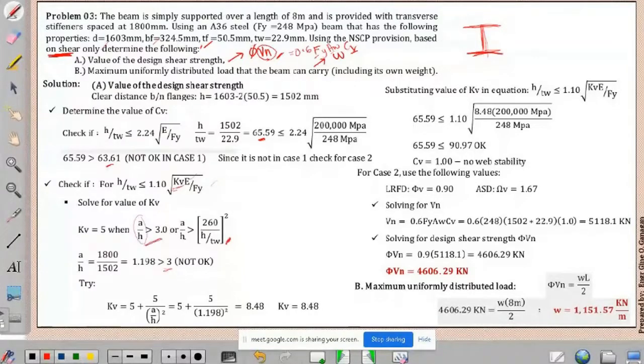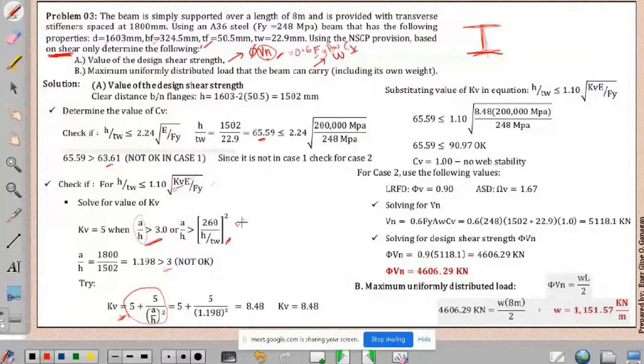So we scrap KV equal to 5. We check the equation wherein our KV is equal to this, because it does not satisfy the condition here.